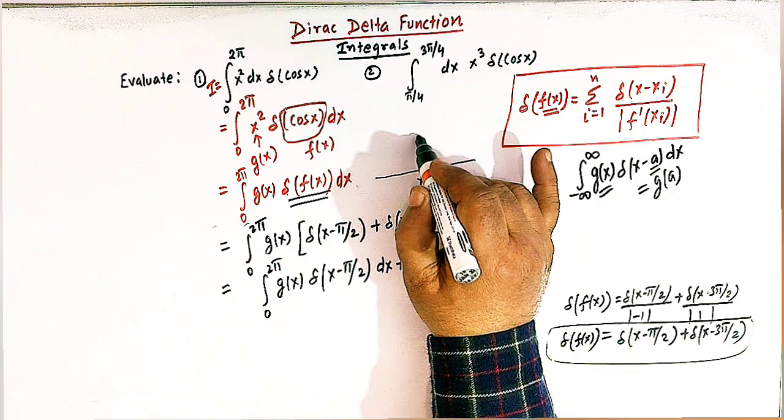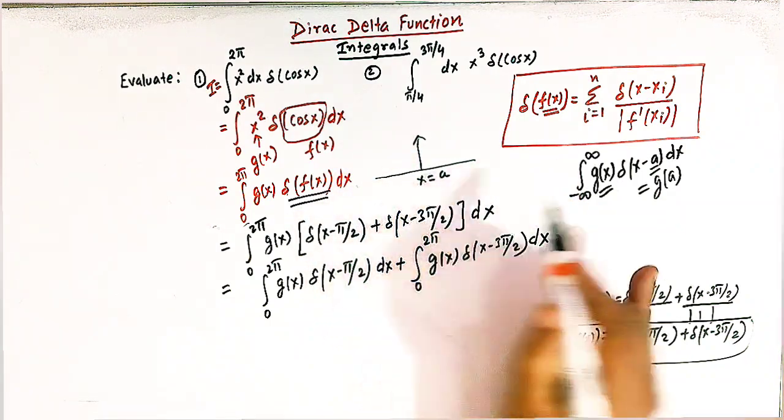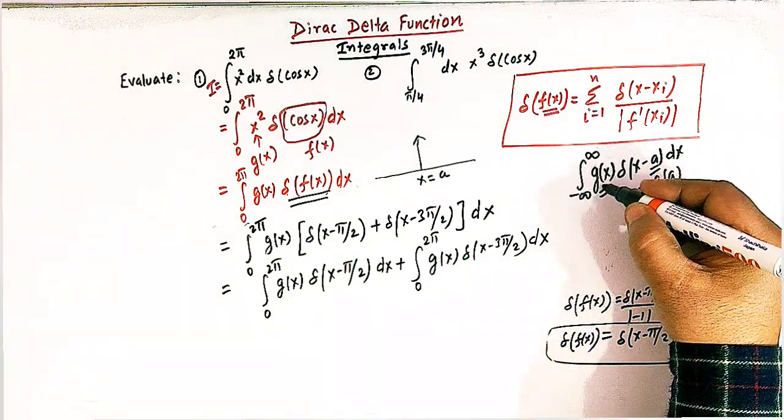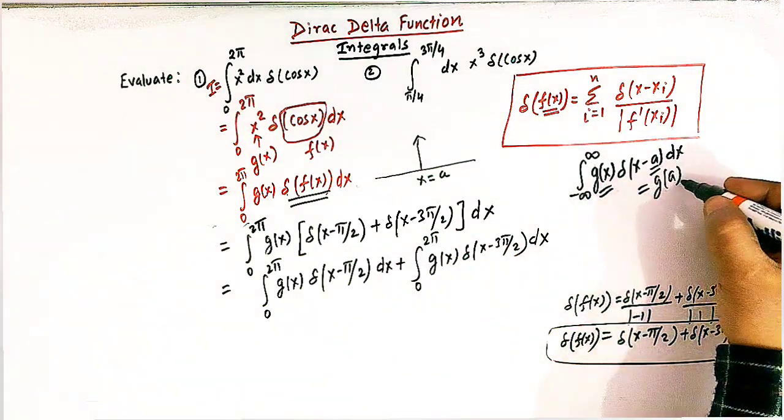The spike exists only at x is equal to a. So this is g of a.